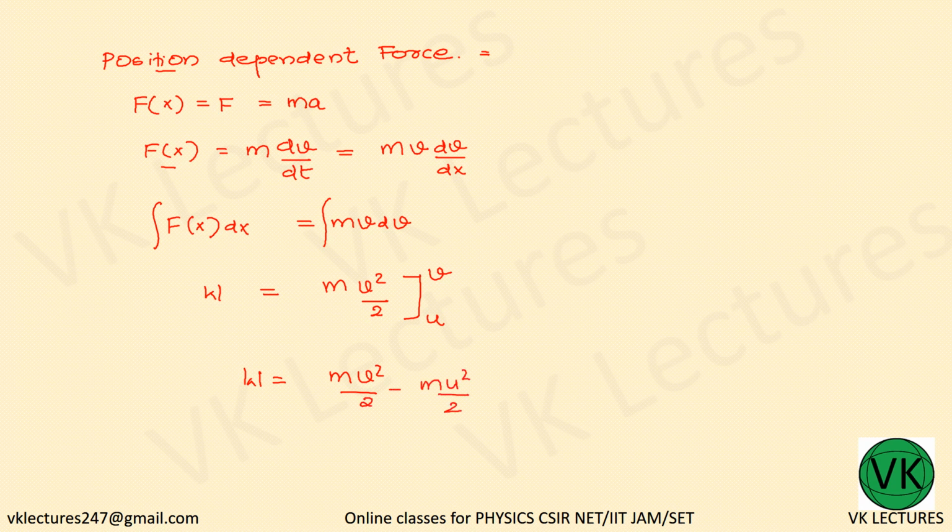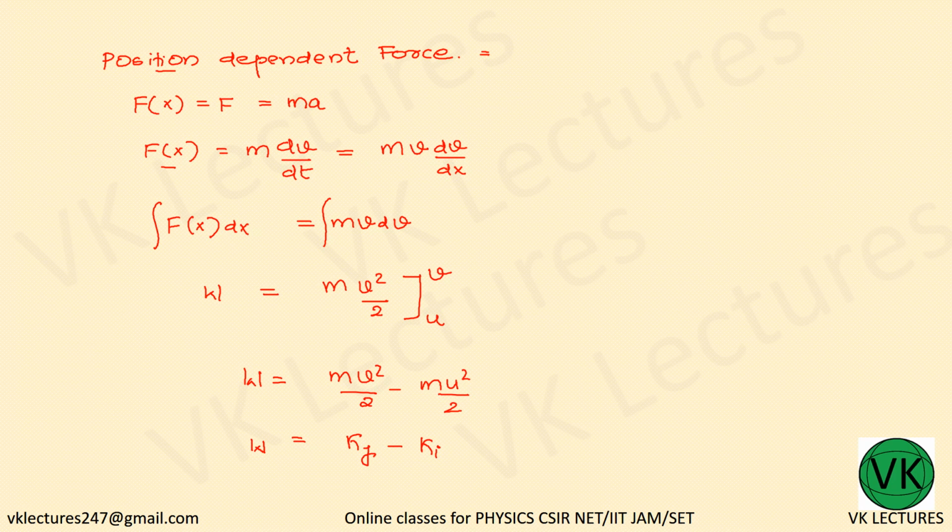Now m v square by 2 is nothing but the final kinetic energy, minus m u square by 2, which is the initial kinetic energy, which gives us the work done. So work done is nothing but the change in kinetic energy.